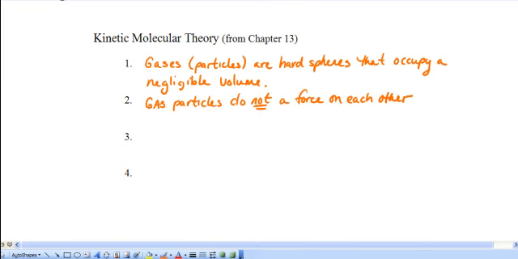We also assume that the motion of particles is random, rapid, and constant.